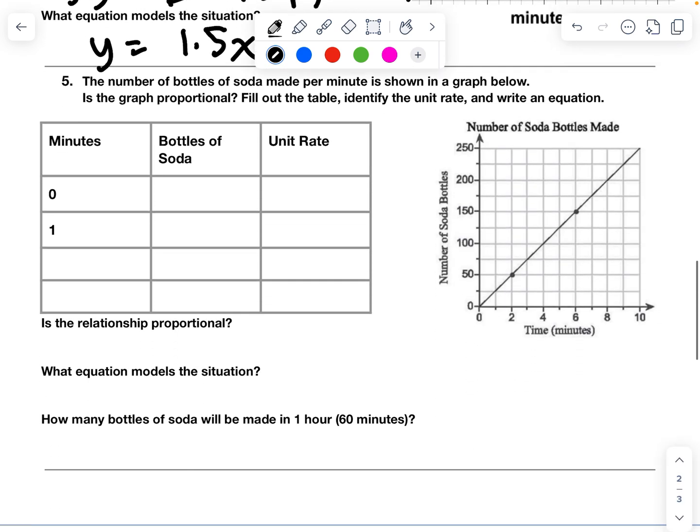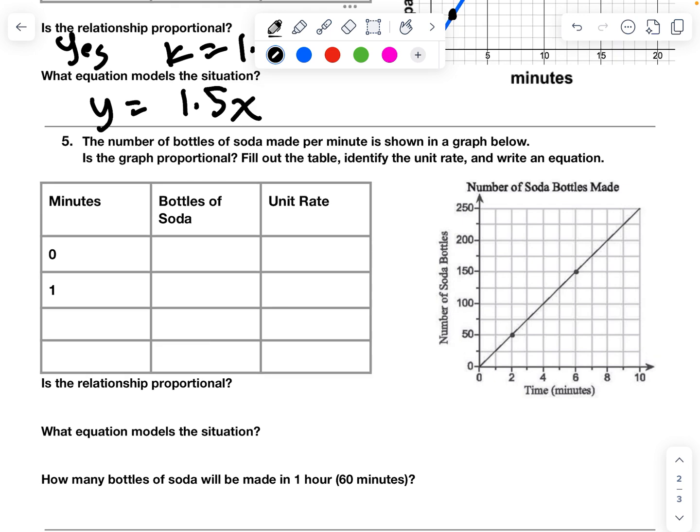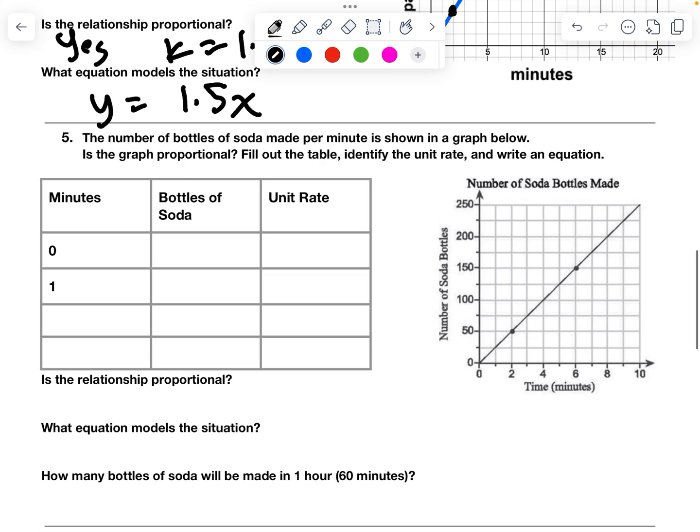All right, water bottles are being produced in a soda plant. Here we have two nice ordered pairs, so let's put those down. We have 2 minutes and 50 bottles of soda. We have 6 minutes and 150 bottles of soda. If I take 50 divided by 2 and 150 divided by 6, those both equal 25. That's my unit rate.